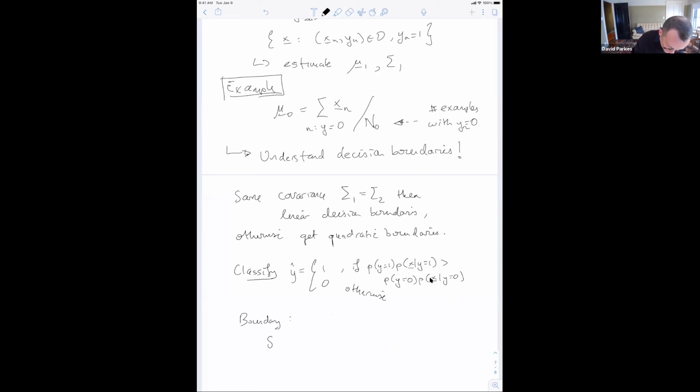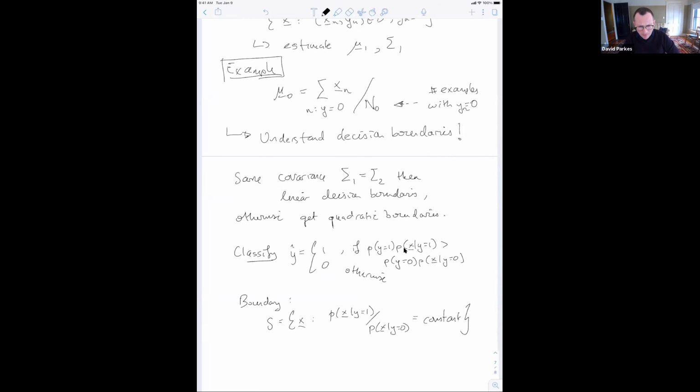It's the set of x's where the ratio is a constant. You can see that just by rearranging, because these are constant probabilities. I'm not going to get into the details of deriving why the decision boundary becomes linear or quadratic, but you'll see it in the section material.